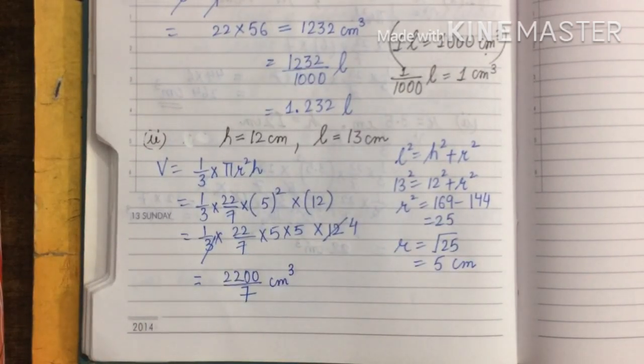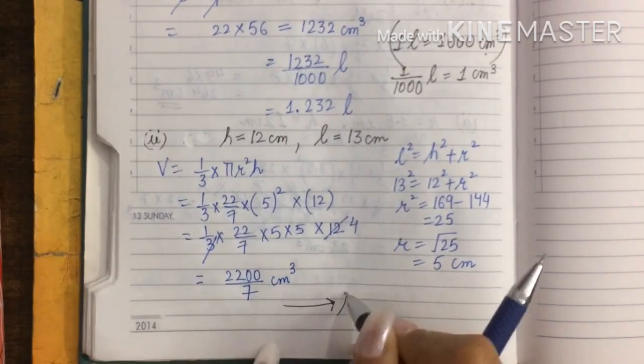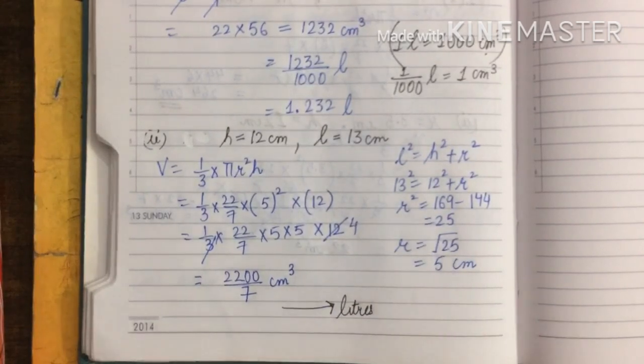Now again I need to convert the answer into liters. To convert it into liters, I have to divide the answer by 1000. So if I divide this fraction by 1000, 1000 will be written with 7.